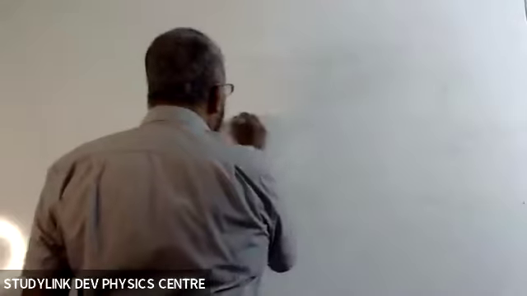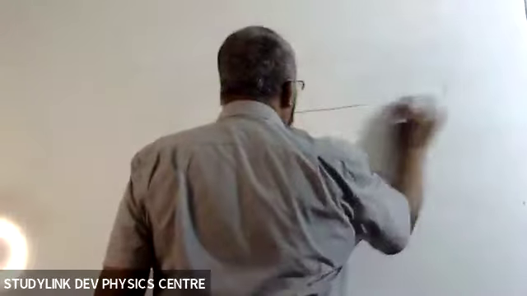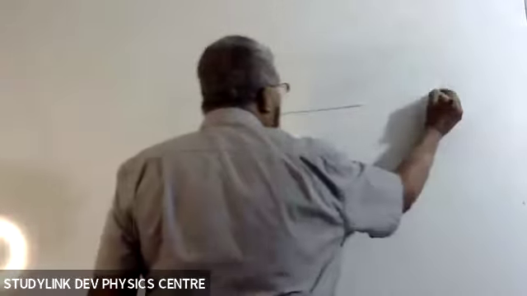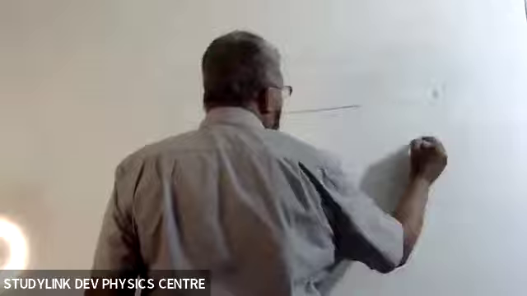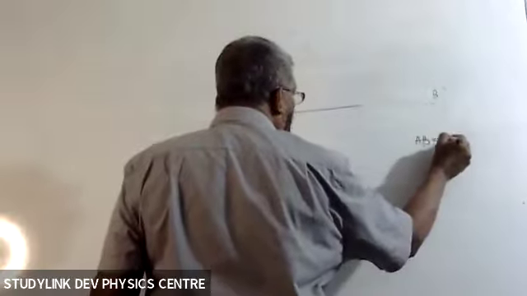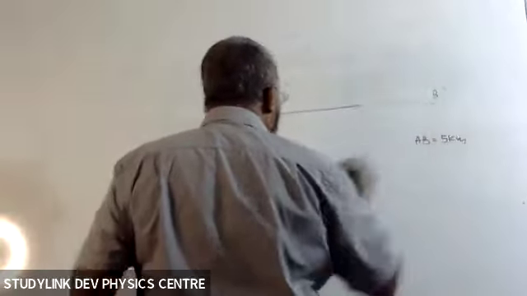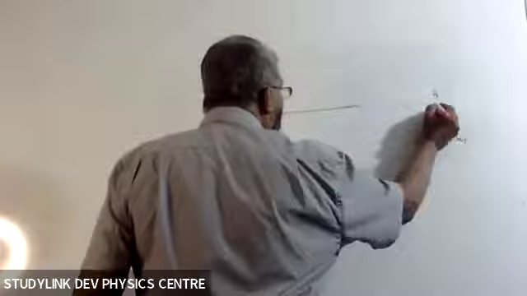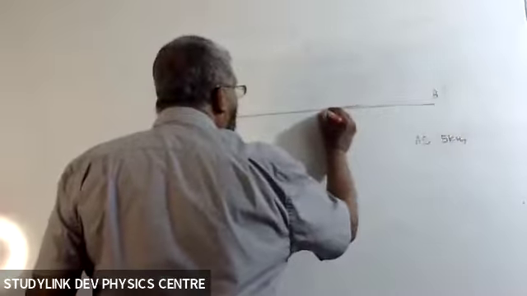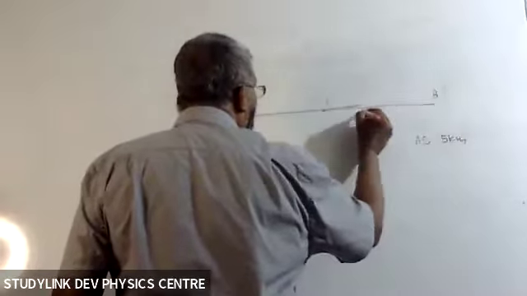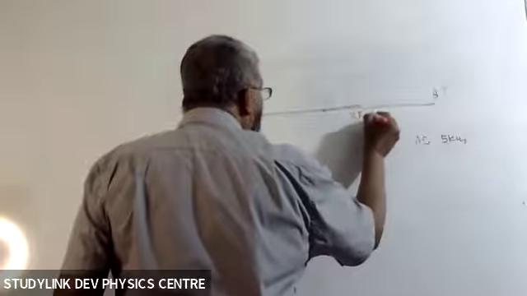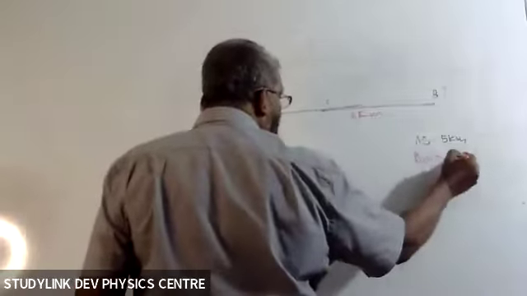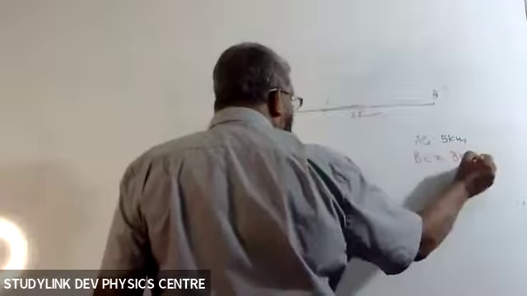First it's moving to the east, AB 5 kilometers. Then coming back, B to C, 3 kilometers. That means BC is 3 kilometers.